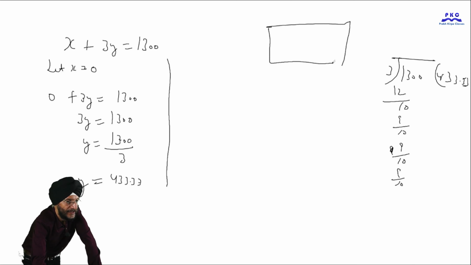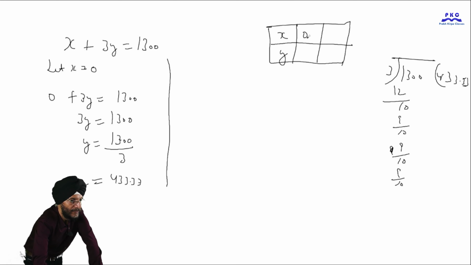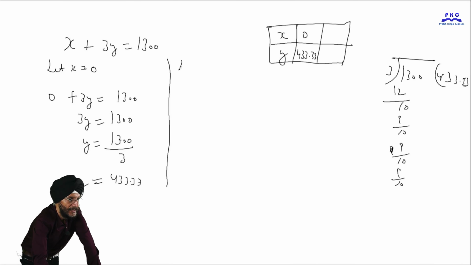We form here the table where we will write the values of x and y. When x is 0, value of y is 433.33. So now let x is equal to 100.